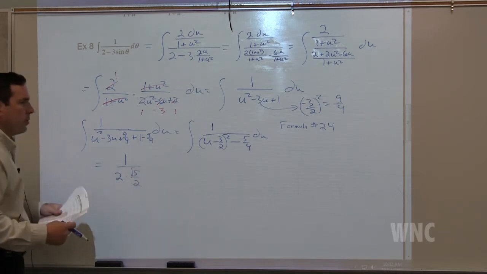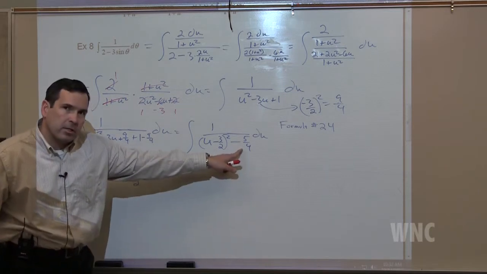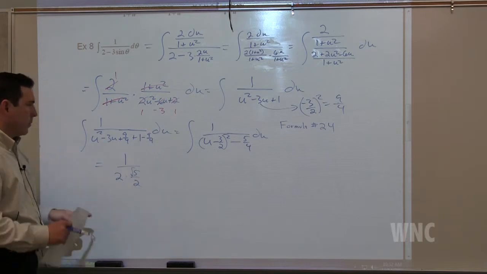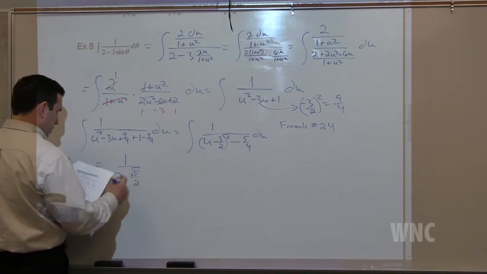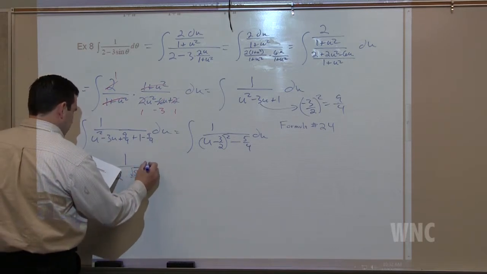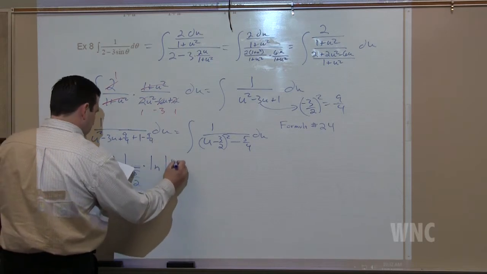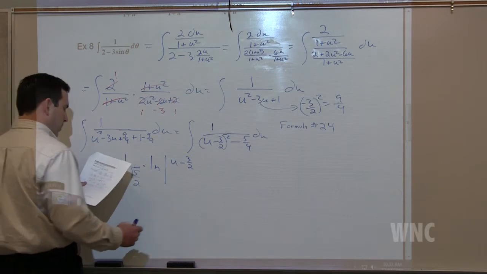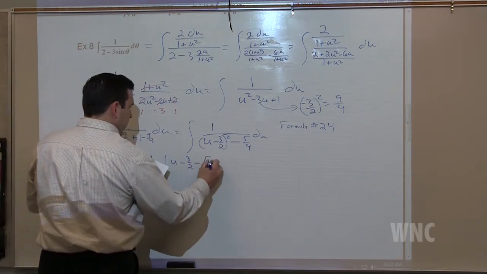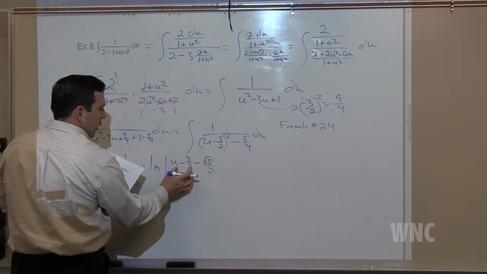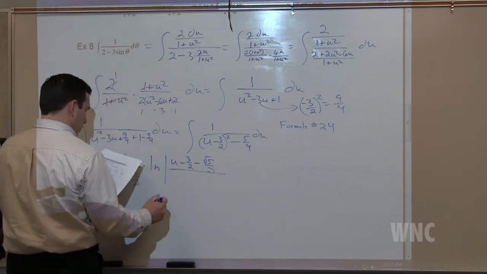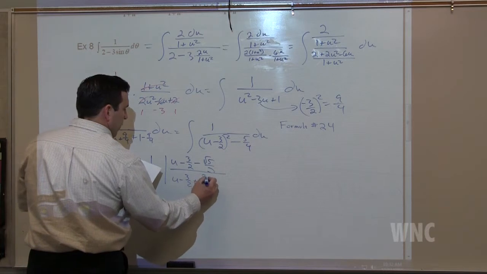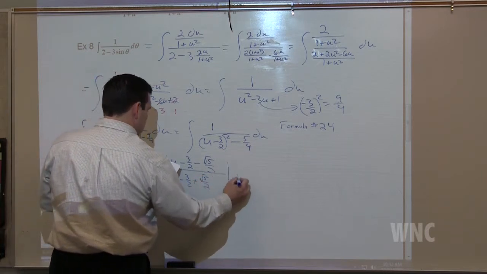Why square root of 5 over 2? Because the square root of 5/4 is square root of 5 over square root of 4, which is square root of 5 over 2. Times the natural log of the absolute value of u minus 3/2 minus square root of 5 over 2, over u minus 3/2 plus square root of 5 over 2, plus c.